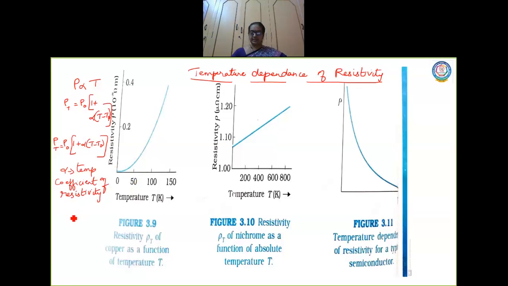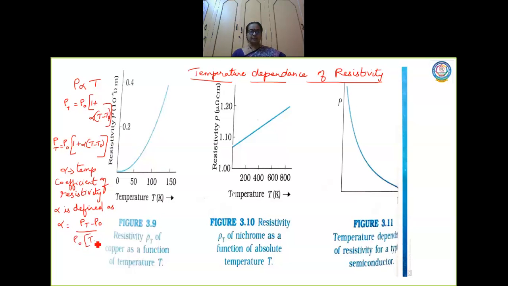Now alpha is defined as, I'll write the formula, the ratio of increase in resistivity. Increase in resistivity is rho T minus rho naught, divided by per degree rise in temperature, to its resistivity at T naught.